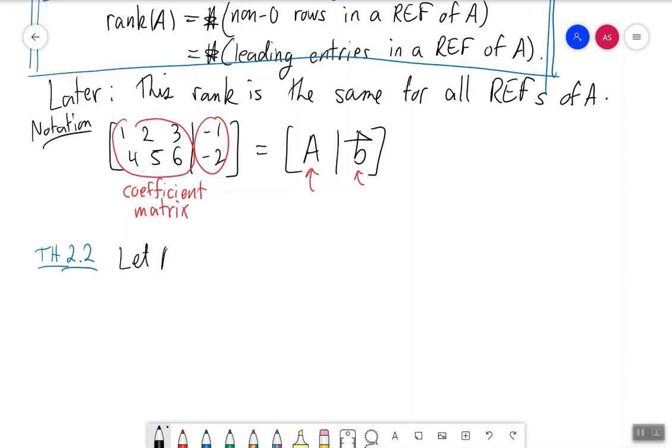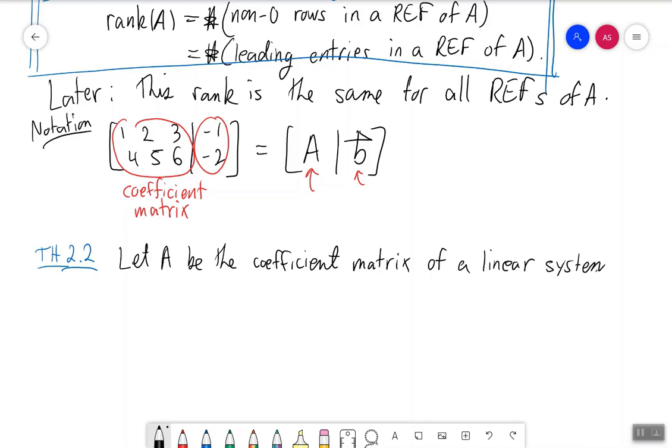Let A be the coefficient matrix of a linear system with n variables.